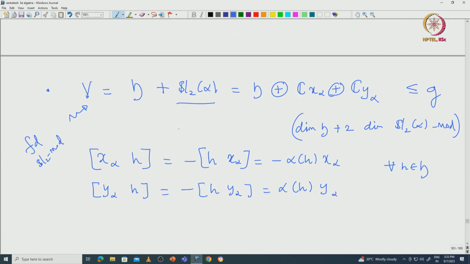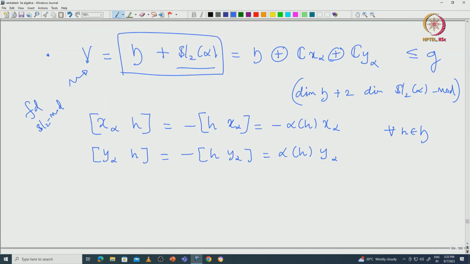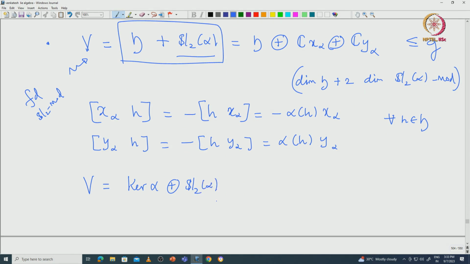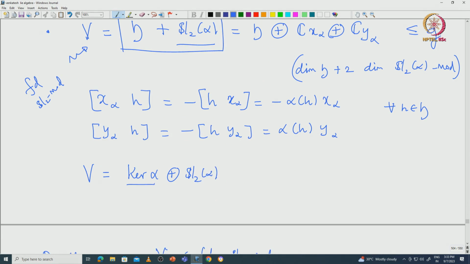So, if we go back to this representation, which is H plus SL2 of alpha, you can see that this representation can be written as kernel of alpha direct sum this SL2 of alpha. Now if you think about it, this kernel of alpha corresponds to the H eigenvalues, the H alpha eigenvalues, being 0.